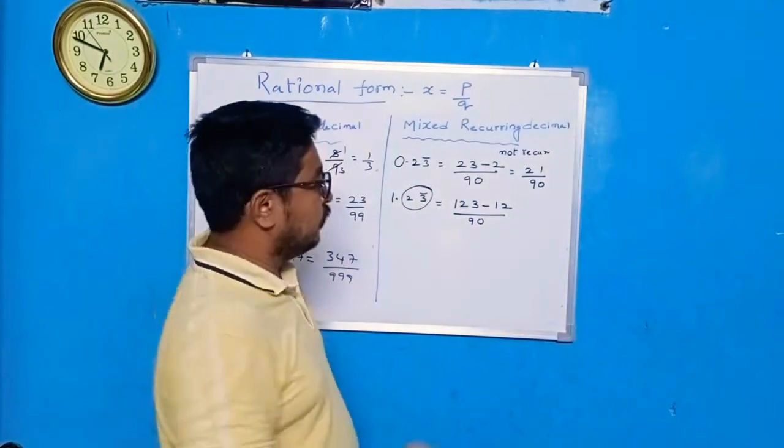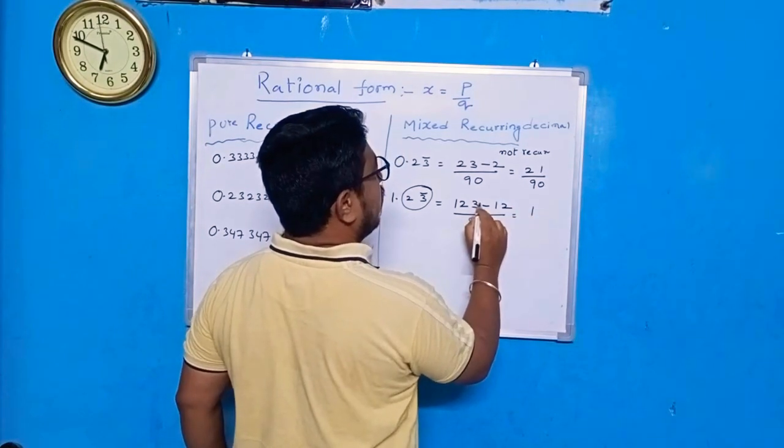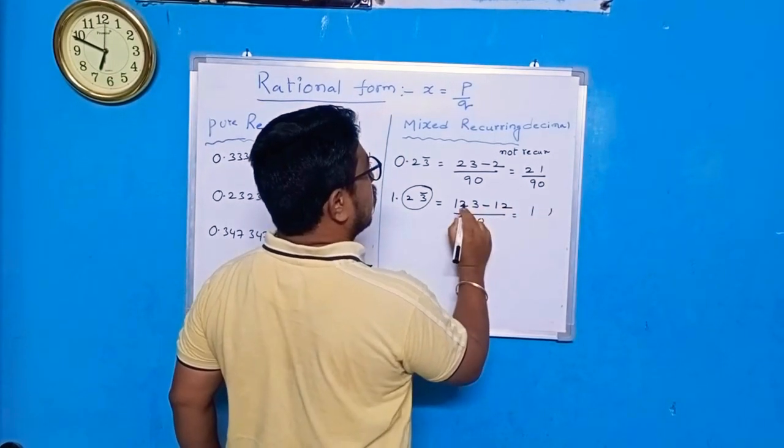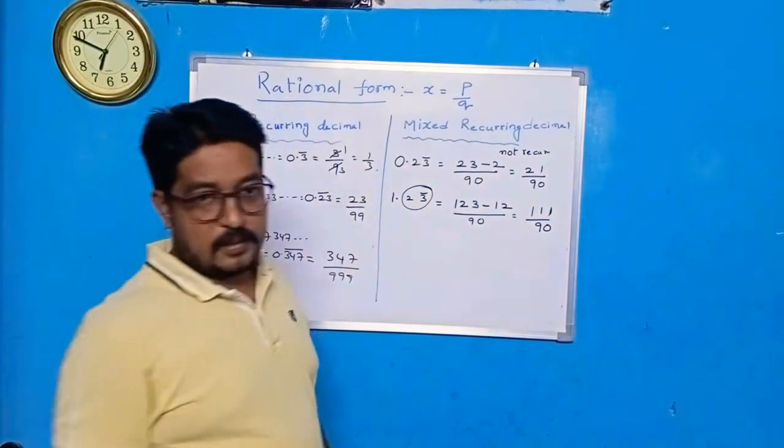Non-recurring is 0. So 123 minus 12: 3 minus 2 is 1, 2 minus 1 is 1, 111. 111 by 90 is the answer.